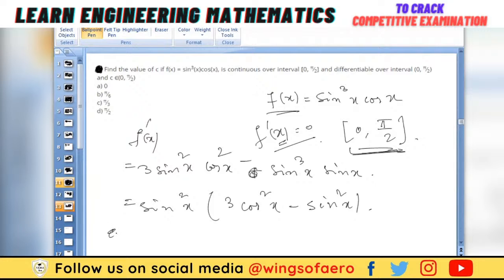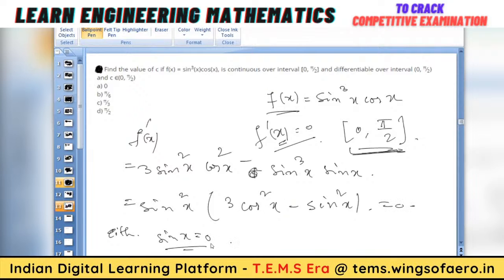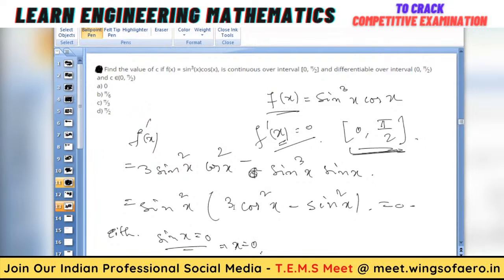So either sin x is equal to 0, just put equal to 0. So sin x equal to 0 means x is equal to 0. Okay, x equal to 0 is a point.